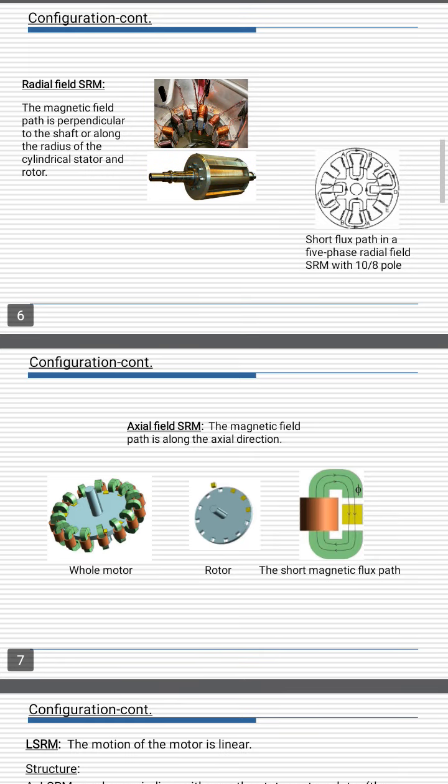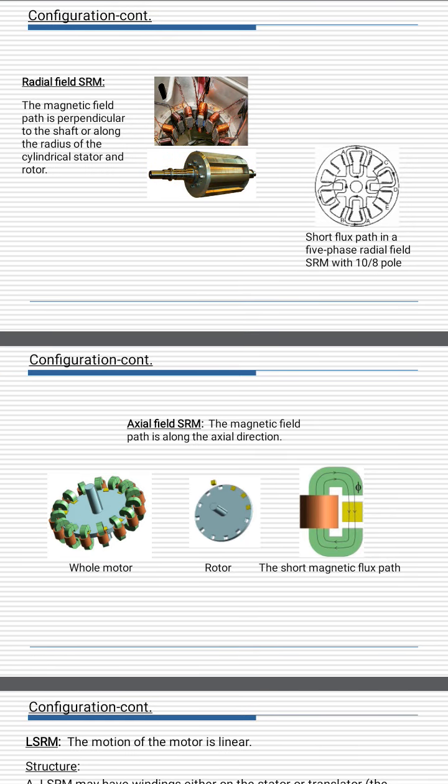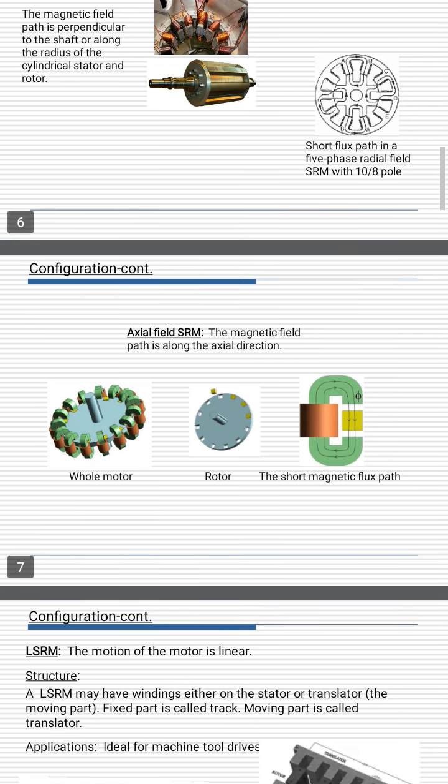Now configuration code, radial field SRM, which is shown in a figure, looks something like this. The magnetic field path is perpendicular to the shaft or along the radius of the cylindrical stator and rotor. Short flux path in a 5-phase radial field SRM with 10x8 poles.